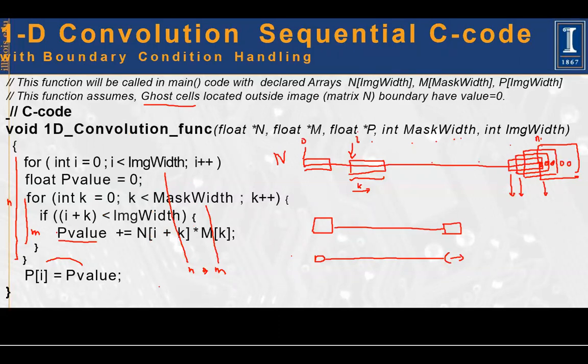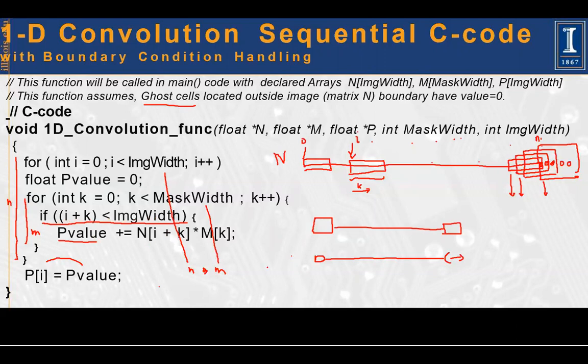Before we move, there is one instruction here I had not discussed, just because I didn't want to spoil my flow. This is the instruction which is taking care of this ghost cell problem. When I was running this loop of multiply-accumulate, every time before carrying out this multiply-accumulate, I have a condition on I plus k being within the image width.